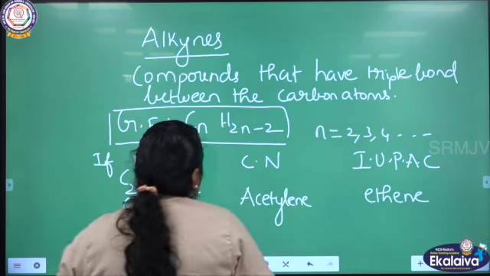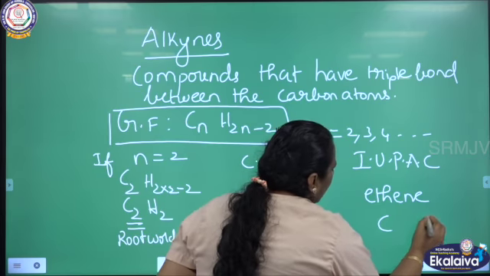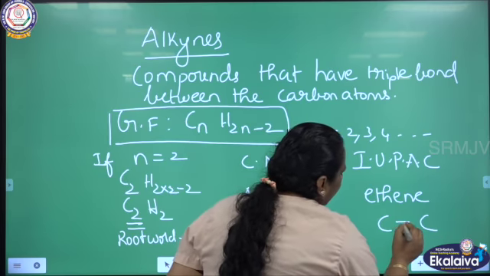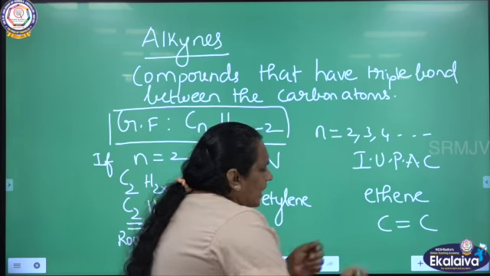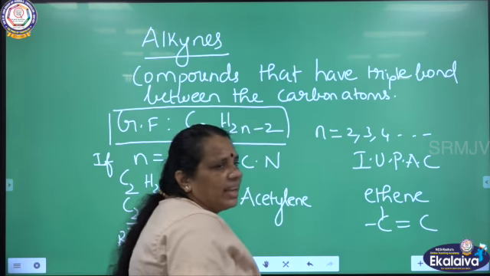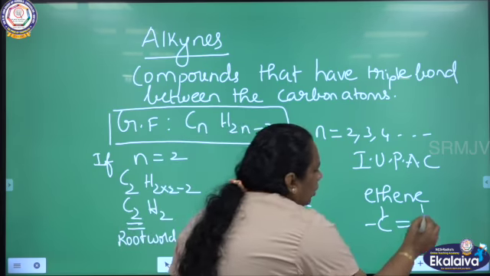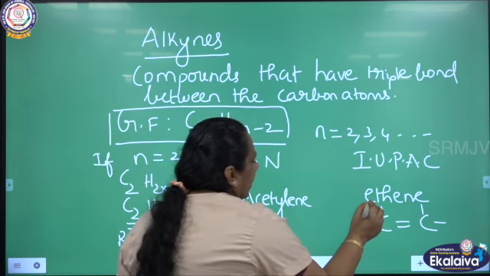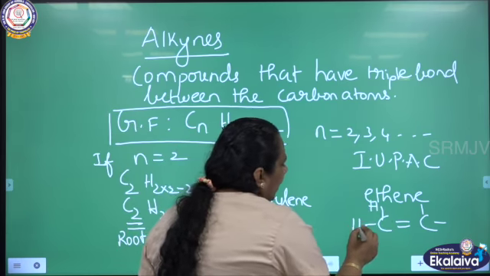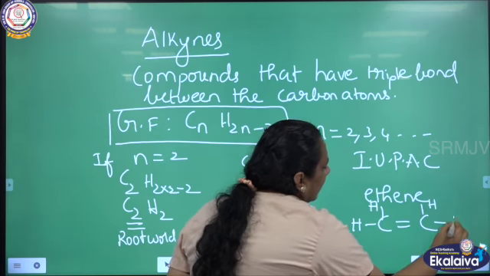Ethene. So how will you write the structure? Carbon, carbon, and in between the carbons there should be a double bond. See the valency of this carbon, there are only 2 valencies, so draw 2 more valencies. This carbon also has 2 valencies, draw 2 more. How many hydrogens do we have to add? 2 hydrogens to this carbon, 2 hydrogens to the other carbon.